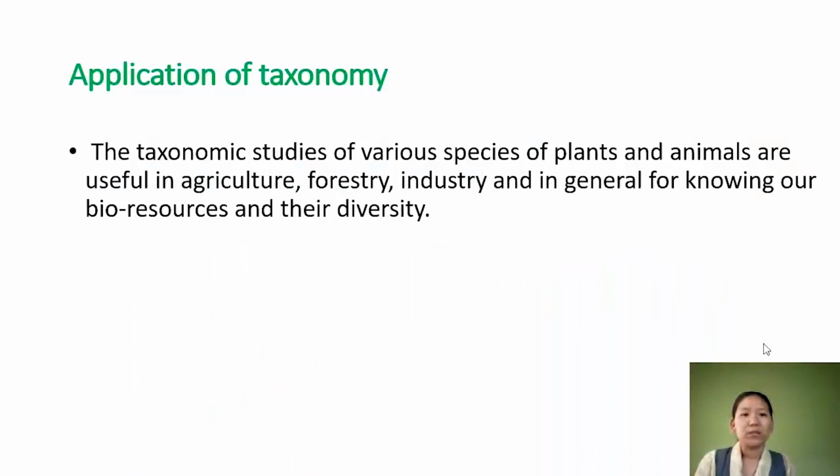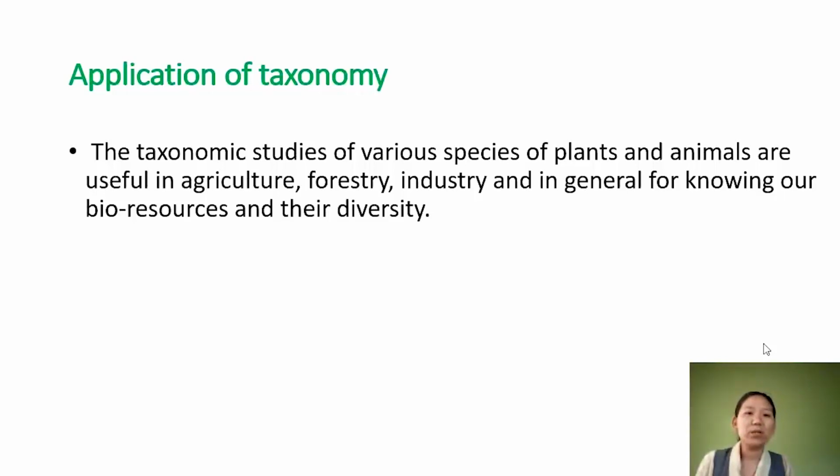So to know our bioresource, if you want to know the bioresources available in nature, first of all you have to identify the plant. Again, taxonomic study becomes important for agriculture.